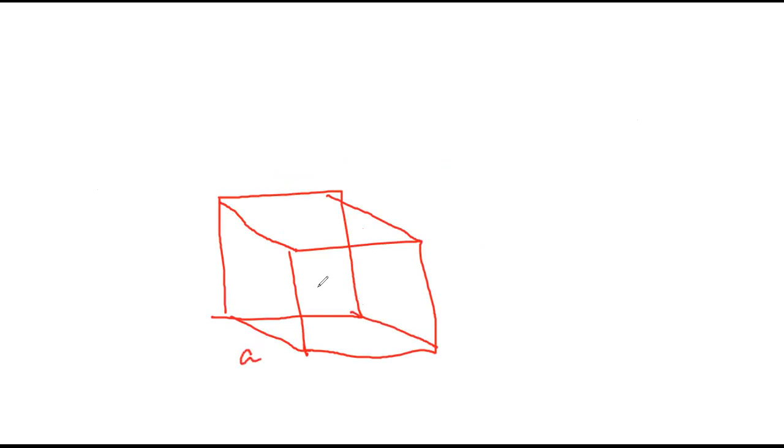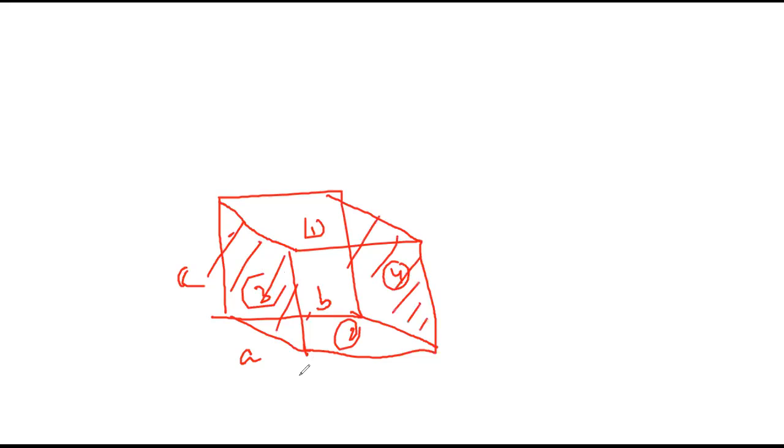This is A, this is B length, and this is C. The faces are 1, 2, 3, 4, and front and back are 5, 6.